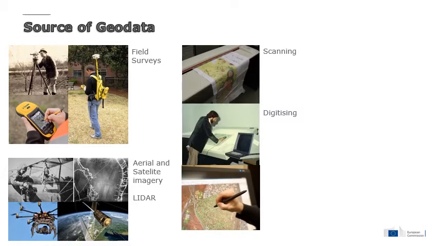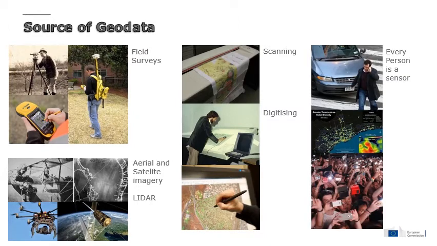Then if we have some old maps and we don't have access to the old field surveys or old aerial imagery, we can usually just scan and digitize the results, like the maps, and create vector data or raster data in order to use them in GIS systems.